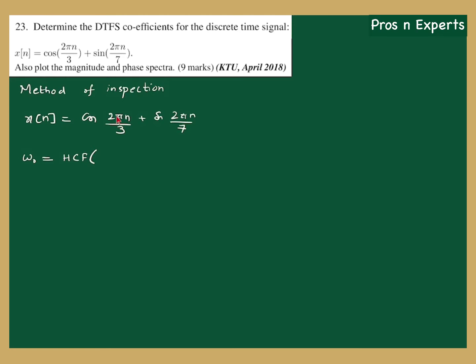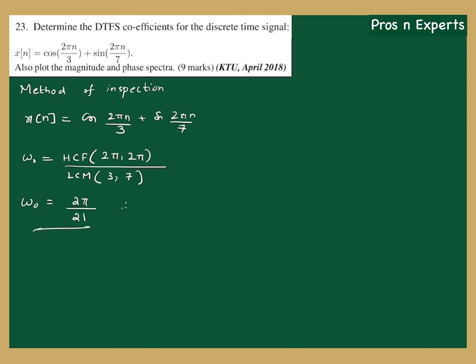The numerator of the argument is 2 pi here, and also 2 pi there. So take the HCF of 2 pi and 2 pi, divided by the LCM of the denominators, 3 and 7. This is the general procedure to find omega 0. The HCF of 2 pi and 2 pi is 2 pi itself. Divide by the LCM of 3 and 7. There are no common multiples, so it is 21. So 2 pi by 21 is the angular frequency.